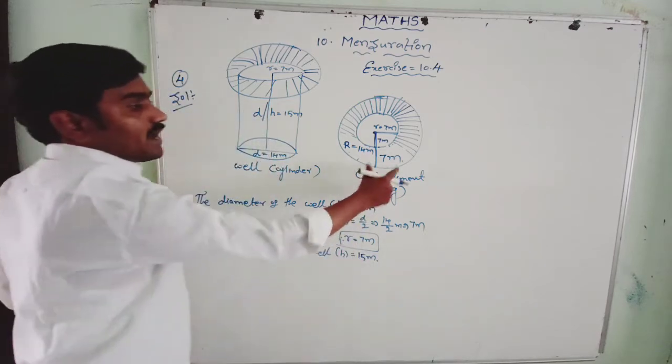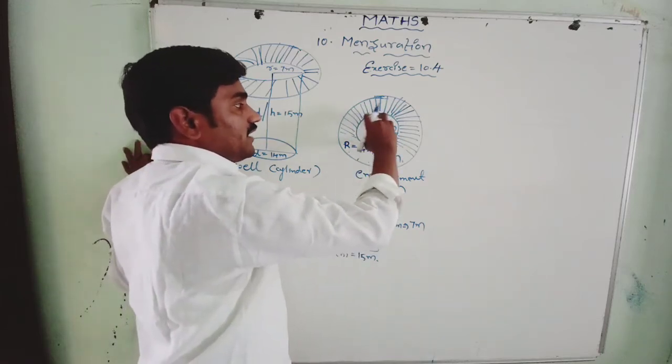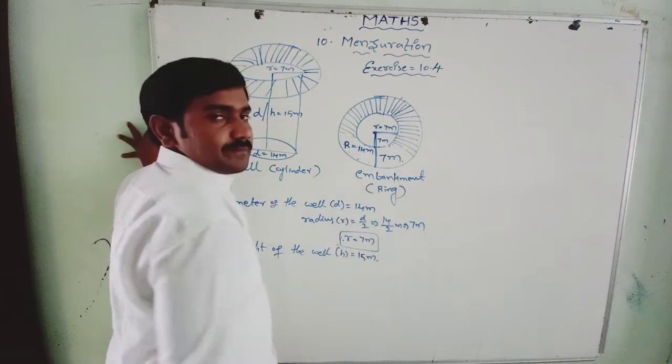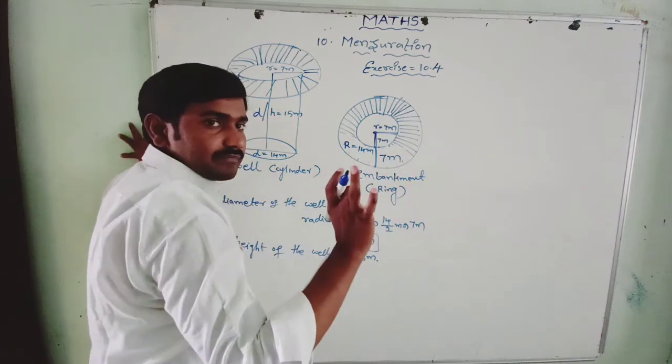And also for the embankment, the inner radius and outer radius of the embankment. You remember this. Embankment is nothing but a ring now. Okay.